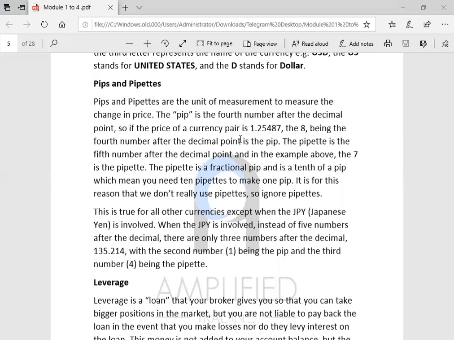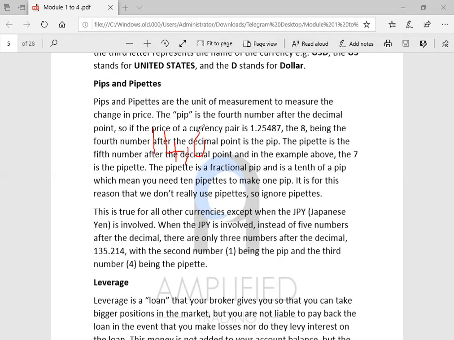So let's use an example of the South African rand and the United States dollar. So this is 14 Rand. $1 costs 14 South African rands. On our MT4 platform, this is how it would be shown.